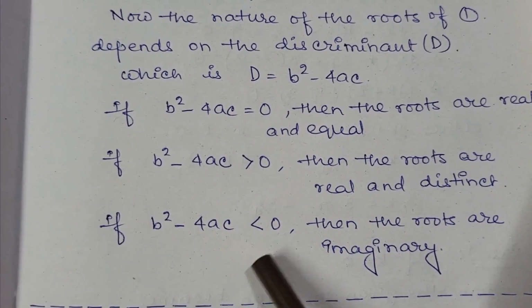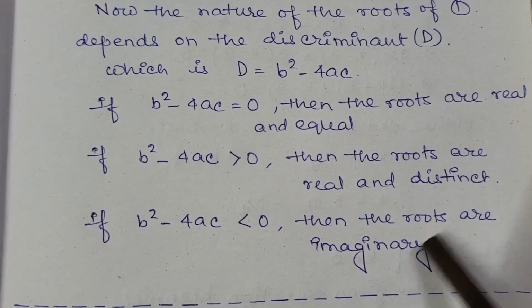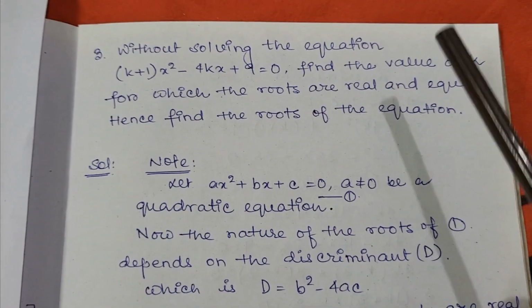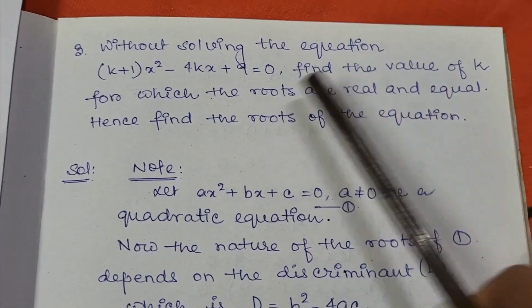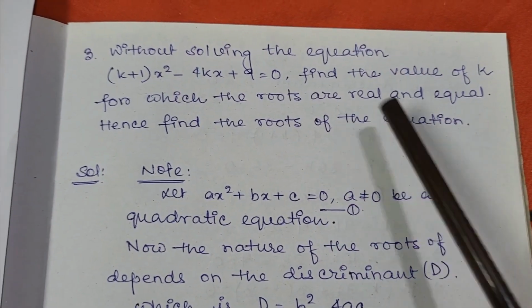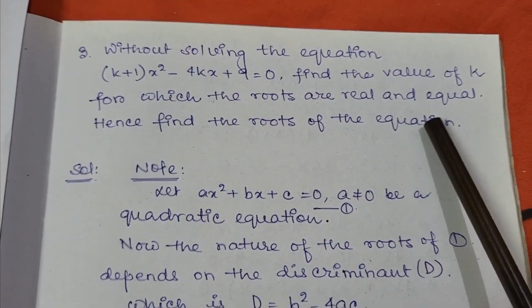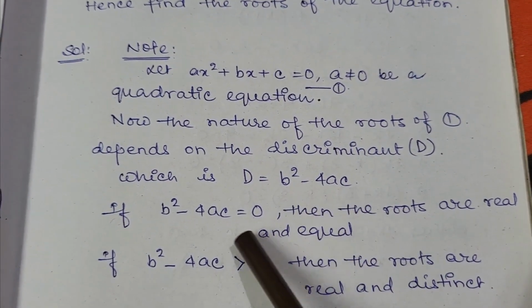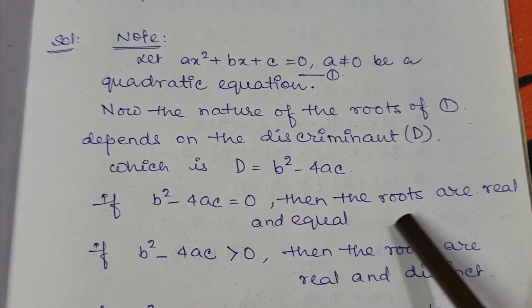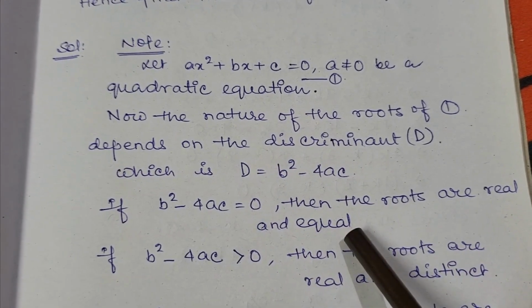If the discriminant is less than 0, then the roots are imaginary. Now in our question, we are to find the value of k for which this equation has real and equal roots. So according to this problem, we have the discriminant equal to 0. Then we get real and equal roots.